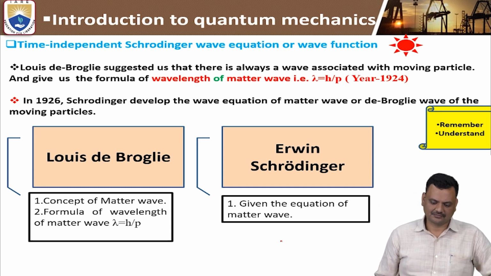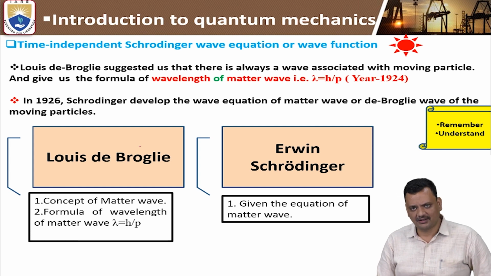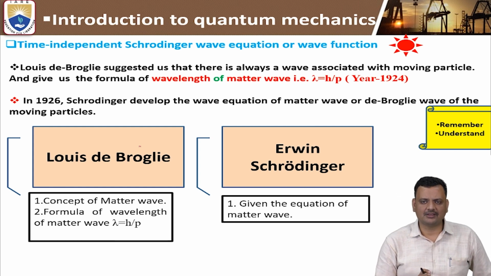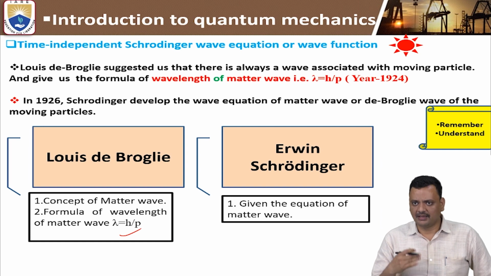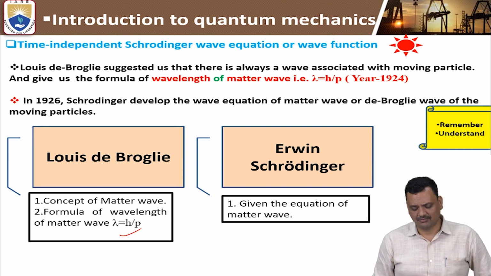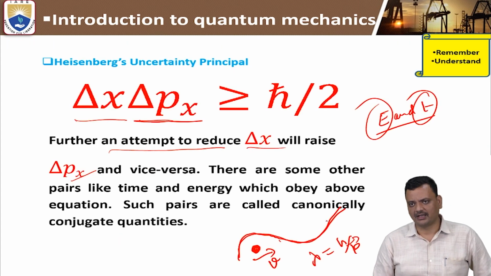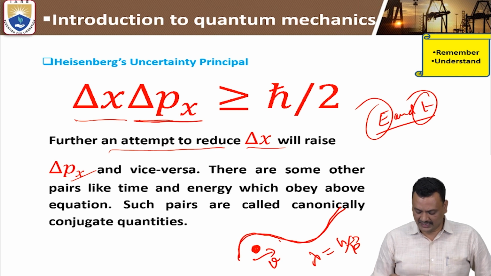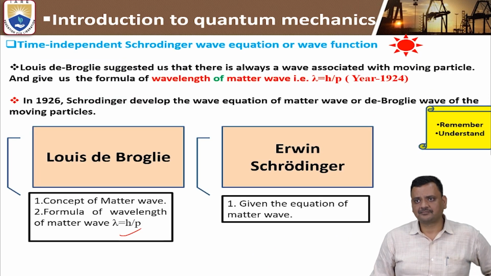Louis de Broglie suggested the concept of matter wave and the formula for the wavelength of matter wave. Erwin Schrödinger suggested and gave the equation of matter wave. The equation of matter wave means: what is the wave associated with that moving particle? He gave the wave equation of that wave.